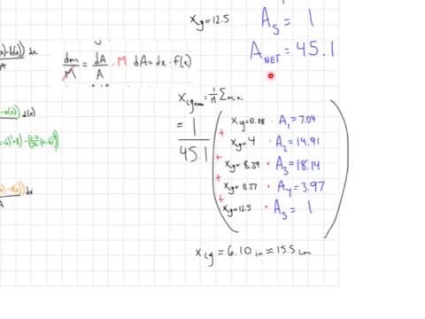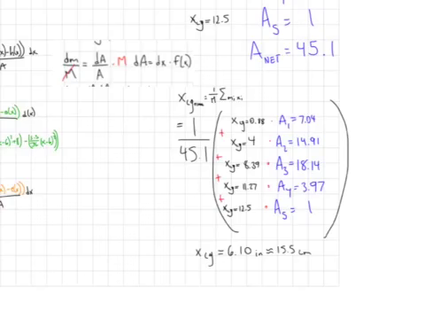So each individual x center of gravity I found and its corresponding area. And once you multiply all that out, do all the arithmetic, you end with an x center of gravity at 6.10 inches. And in terms of the measurements I set up in the beginning, it'd be 15.5 centimeters up on the water bottle.